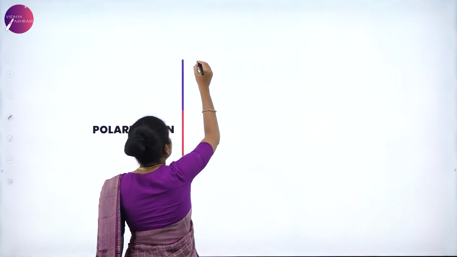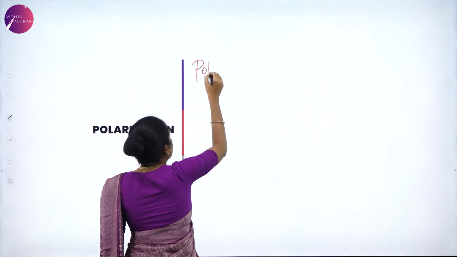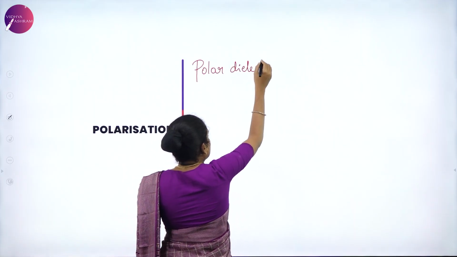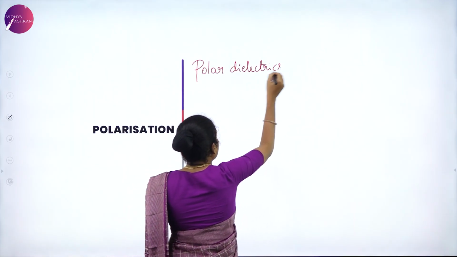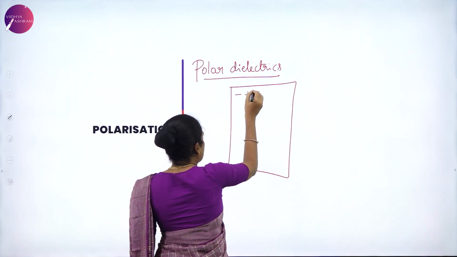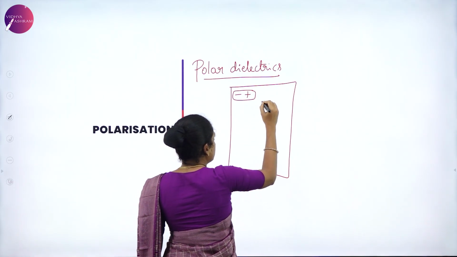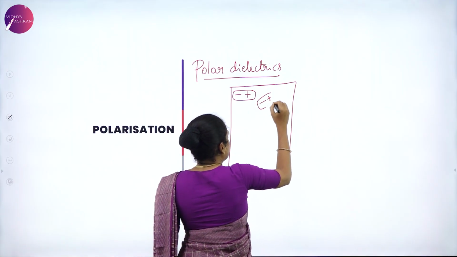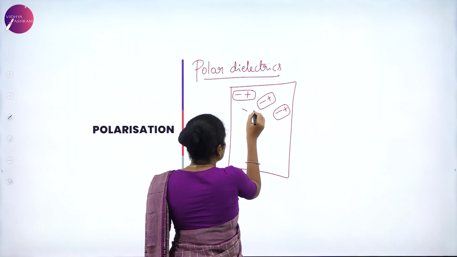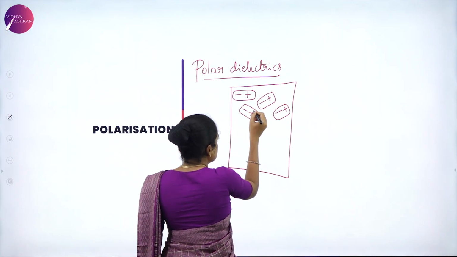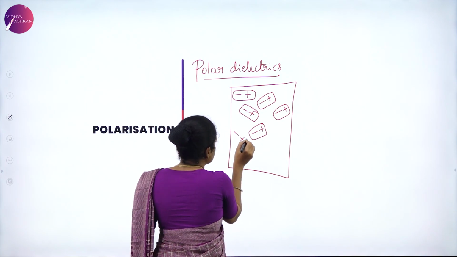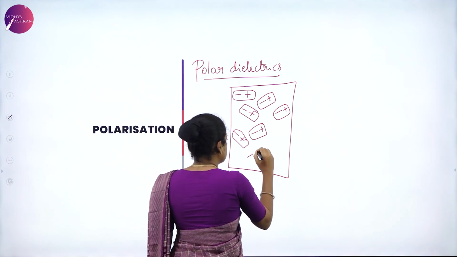Polar dielectrics are the dielectrics in which the negative charge and positive charge do not coincide, meaning they are separated by some distance.